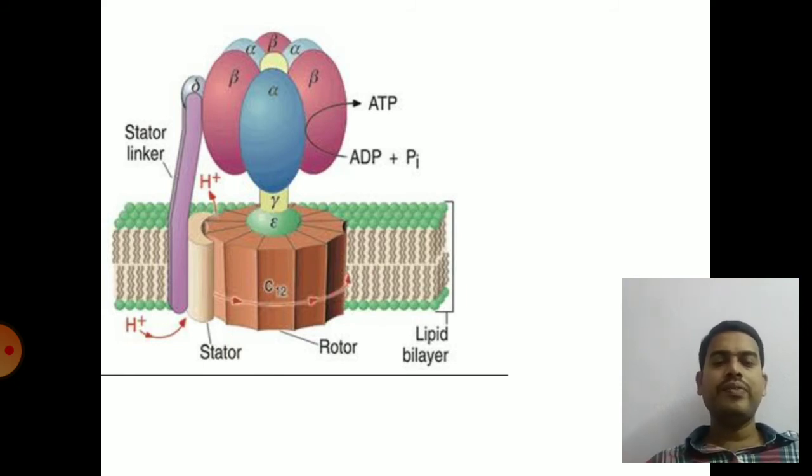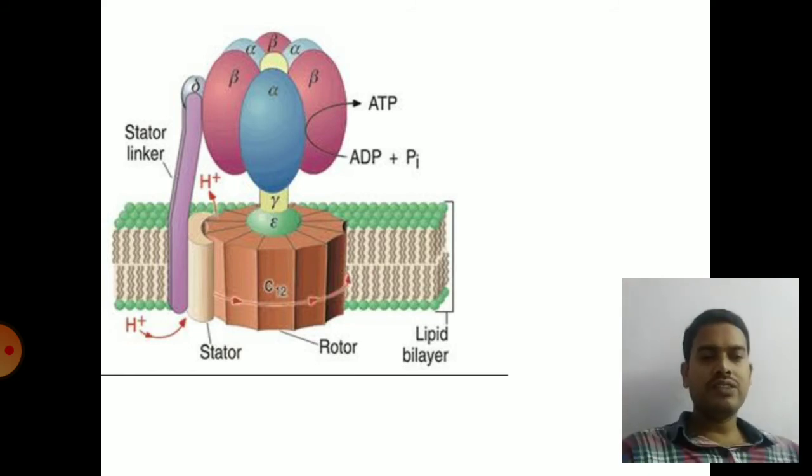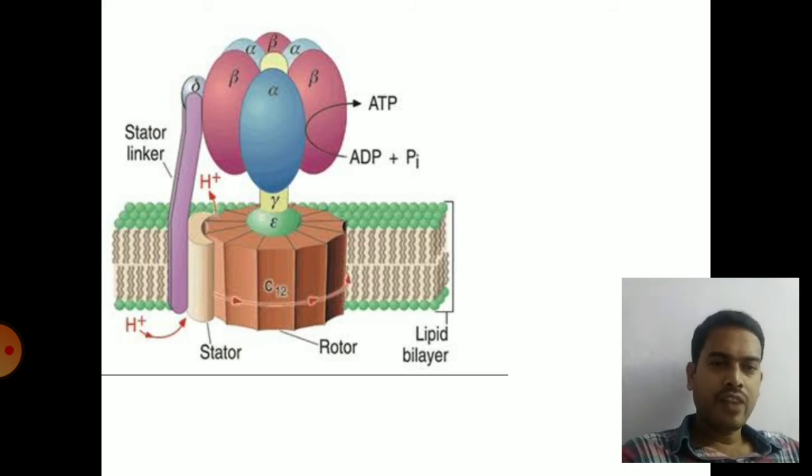During the entry of H plus ions from the intermembrane space to the mitochondrial matrix, they enter through the ATP synthase, which turns like a molecular turbine, and the beta subunit present in the ATP synthase couples ADP plus Pi to form ATP. So that is the function of the ATP synthase in the synthesis of ATP from ADP and inorganic phosphate.